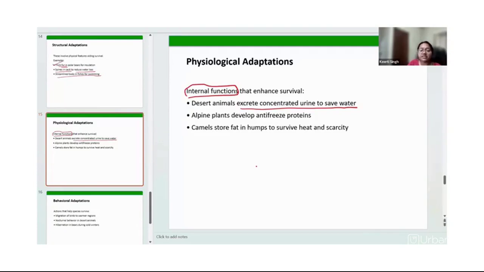Some of the alpine plants develop antifreeze proteins, right? Proteins that help them so that they do not get frozen in particular winter conditions when the temperature is very low.